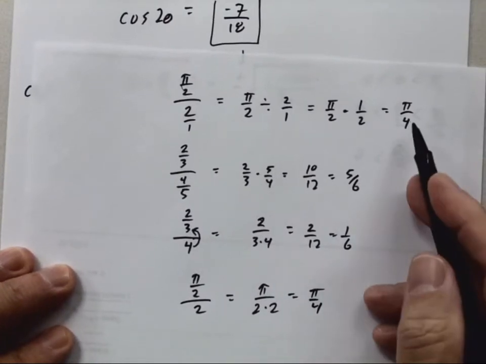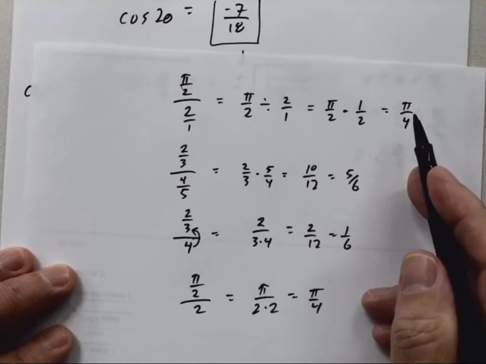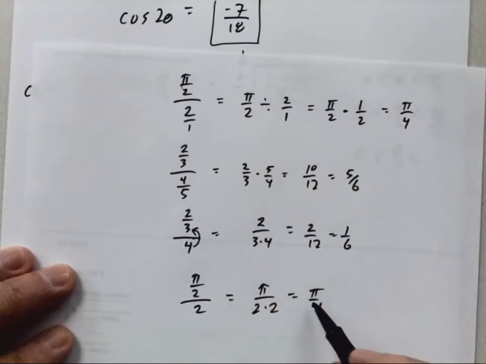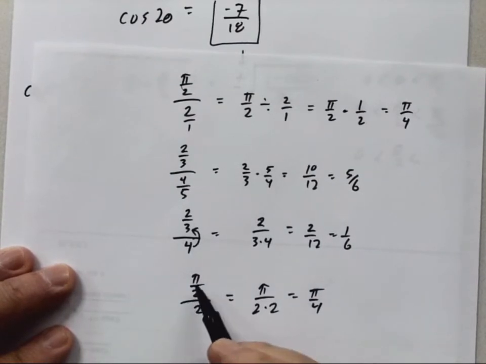And you can see, of course, that's what I got up here. So it went the long way. So I'm going to start using this shortcut. So the key is, remember, from now on, you have a fraction divided by a number. You take the number and multiply it by the denominator, and then you're done.